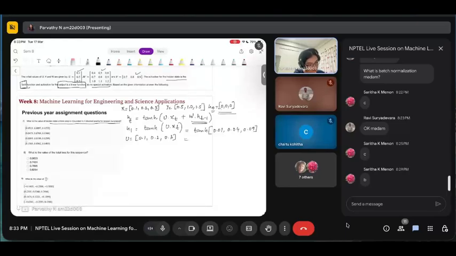So that is tanh of 0.01, tanh of 0.04, tanh of 0.09. So now you can check what is the tanh of 0.01 using the formula for tanh. So the answer will be 0.0099, 0.0199, 0.0299.